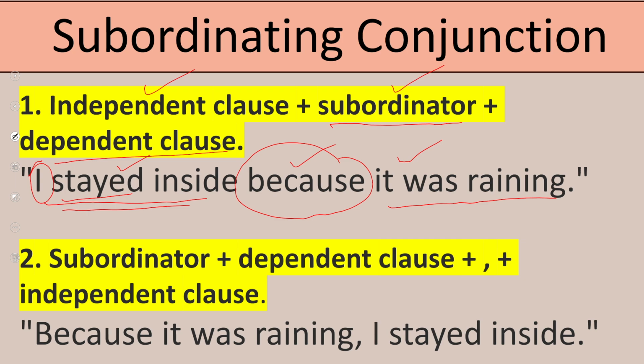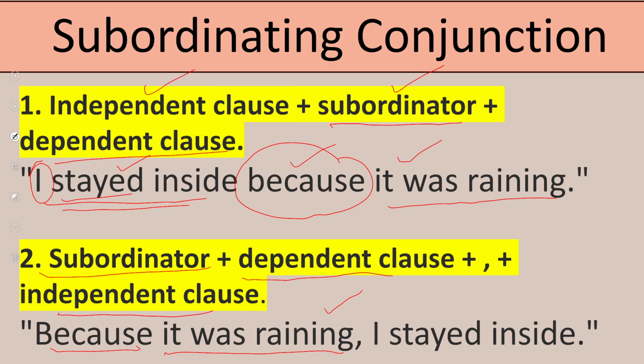So another way of writing is writing the subordinator or subordinating conjunction first, then your dependent clause, and then your independent clause. Because is our subordinator. It was raining, your dependent clause. Because it was raining is our dependent clause. Then what? You have to give a reason.